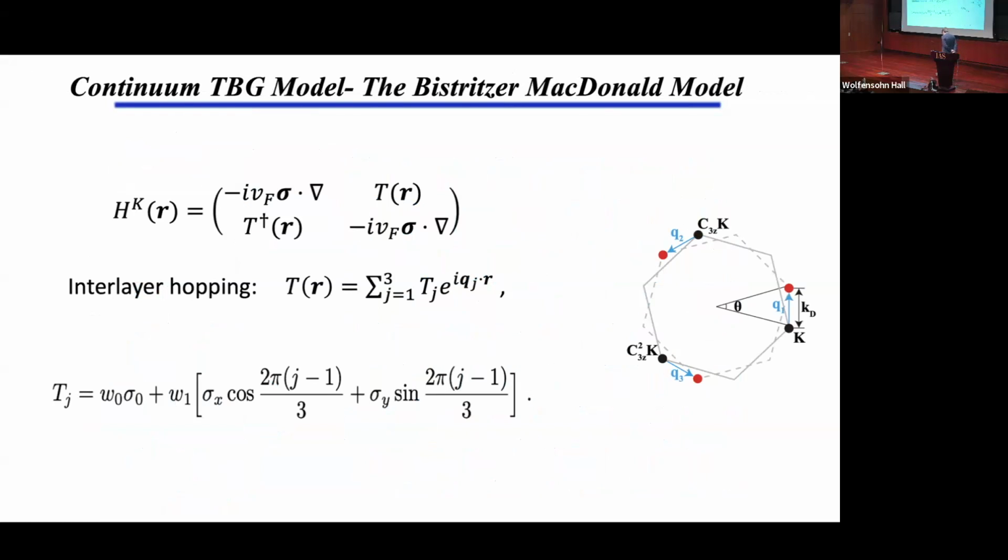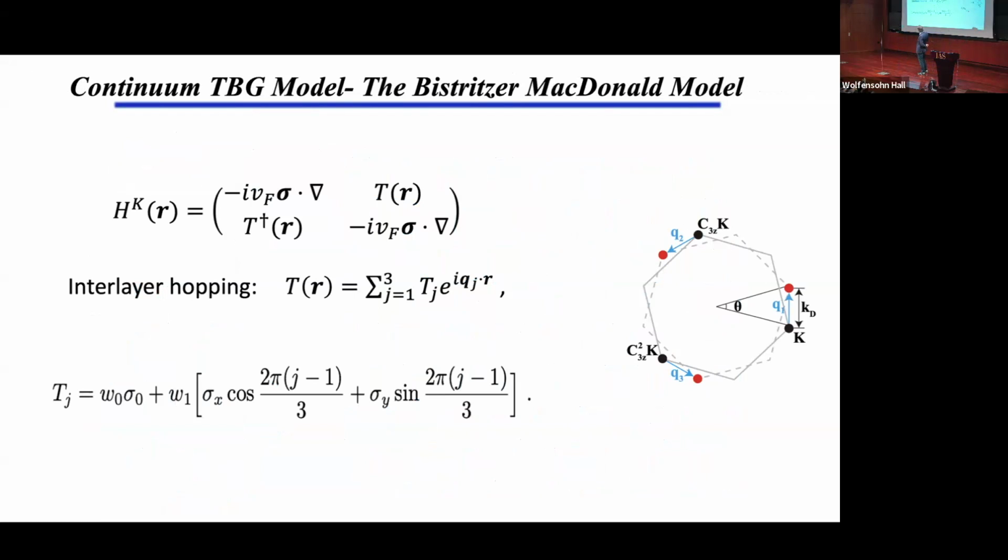So now the model that you can write down, the Bistritzer-MacDonald model, you can derive it, but you can also write it down to first harmonic from just symmetries. It's very simple. You can derive it in the two-center approximation, and then you can add strain, relaxation, etc., as I'll show you. But basically, the single particle model is very simple.